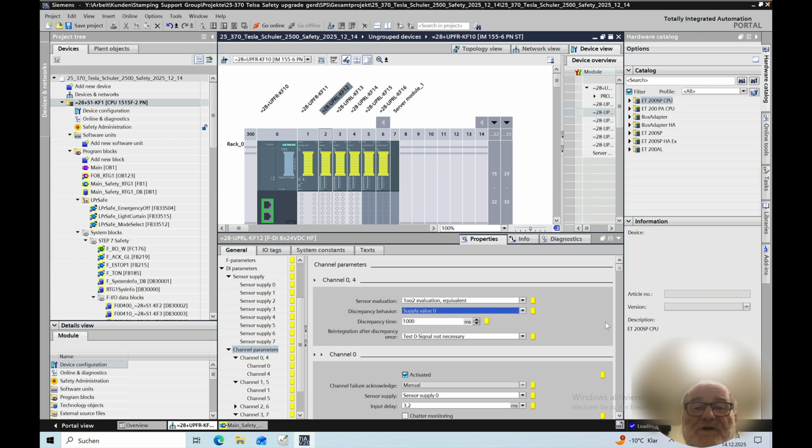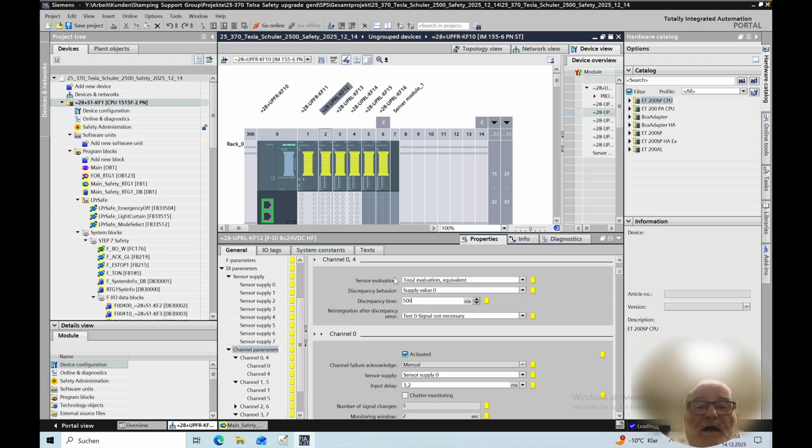So we will leave this at the factory setting. The discrepancy time is 1000 milliseconds. That's probably a little bit high, so I would just set that to 500 milliseconds. And this is the discrepancy time if one channel goes to 0 and the other one is high.